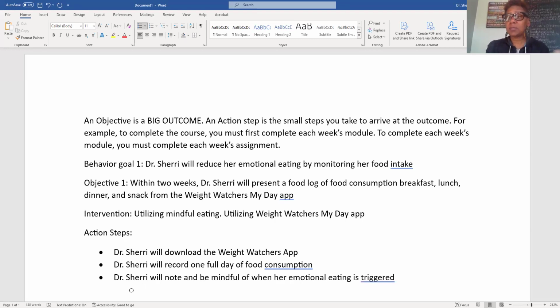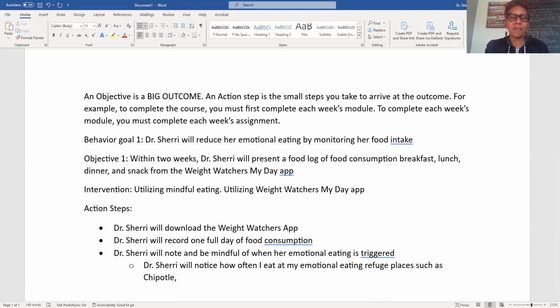Okay, and then a sub action step, maybe I would say that I'll notice how often I eat at my emotional eating refuge places, such as Chipotle, Five Guys, and the Amish market. Okay. So notice how that goal was developed.